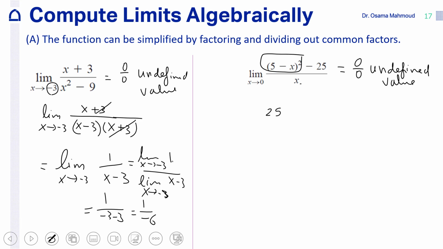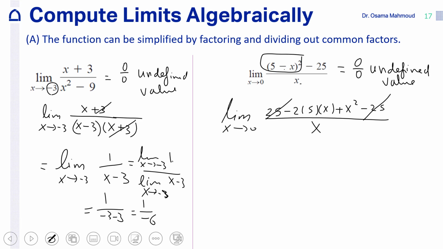The square of the first one, minus, because you have minus here, 2 times the first one times the second one, plus the square of the second one, minus 25, over x. Now, 25 positive cancels out with the negative 25. So I'm left with minus 10x plus x squared over x.